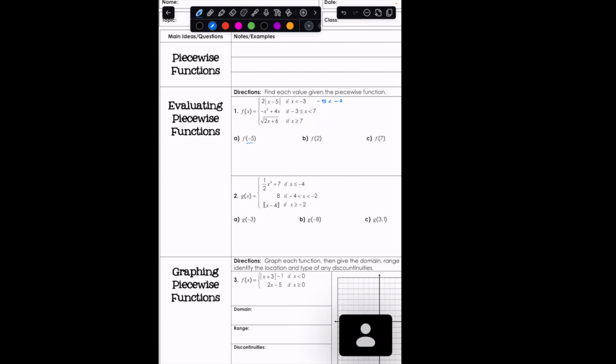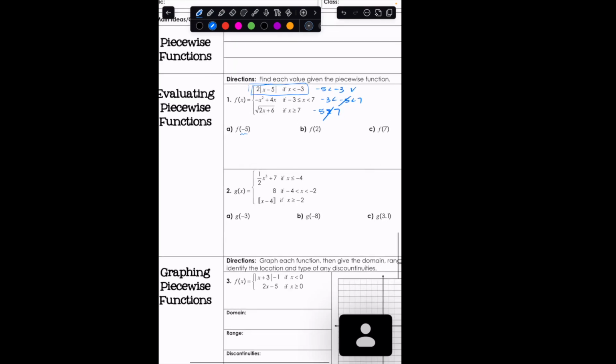Is -5 less than -3? Well, -5 is definitely not greater than 7. It's not between -3 and 7. Because this is true, this is the piece that I'm going to evaluate it in, so I can just plug that straight in.